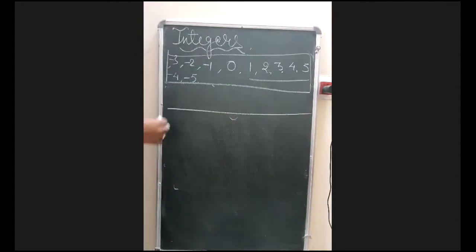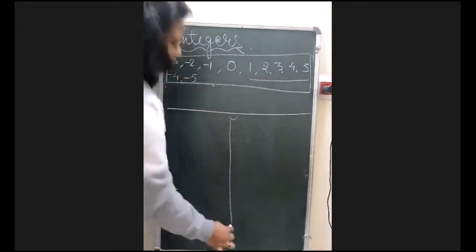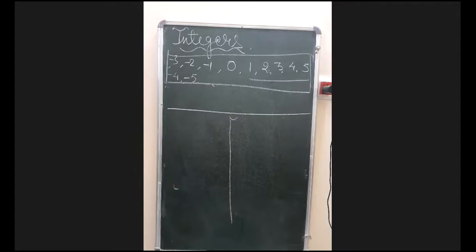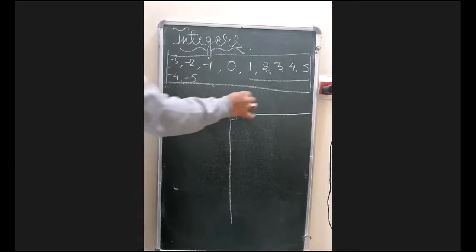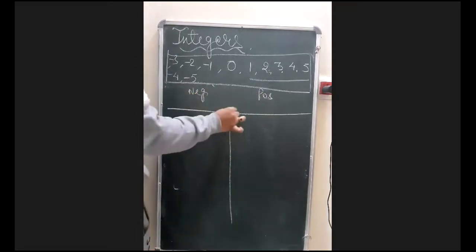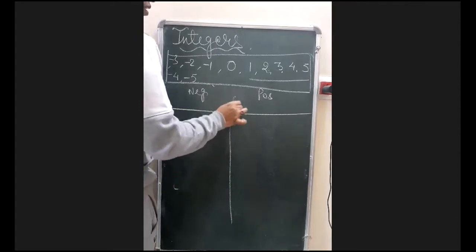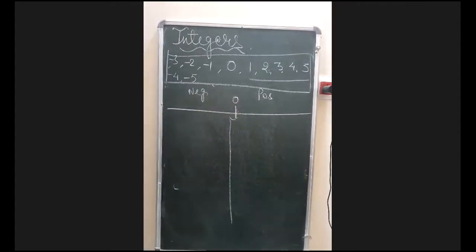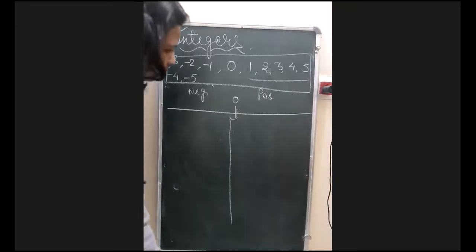So the number line can be horizontal, or the number line can be vertical as well. ठीक है? If you take the number line in the horizontal form, you will know that on the right hand side will be the positive numbers. On the left hand side, the numbers will be negative, and in between comes zero, because zero is a neutral number which is neither positive nor negative.